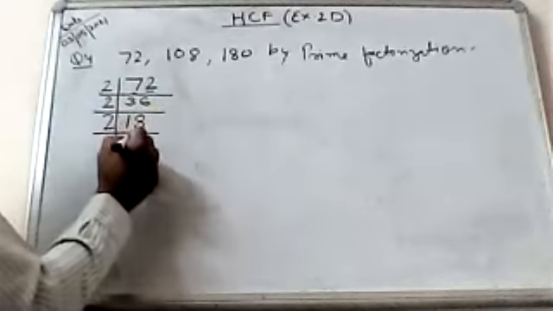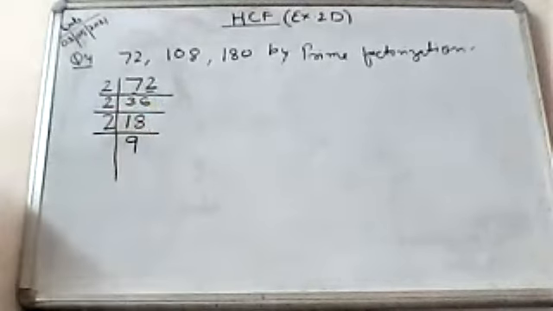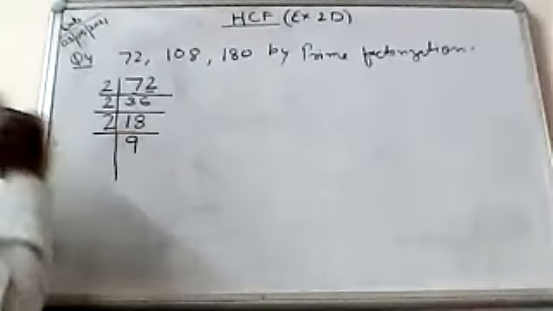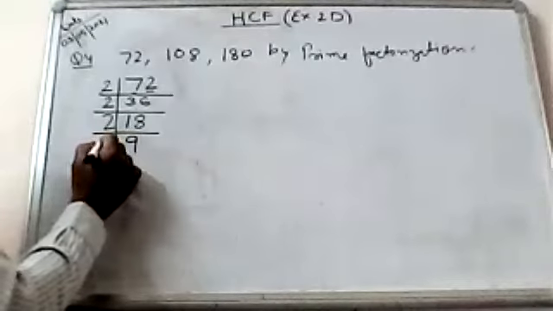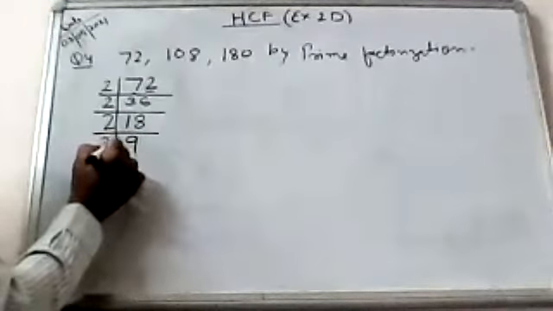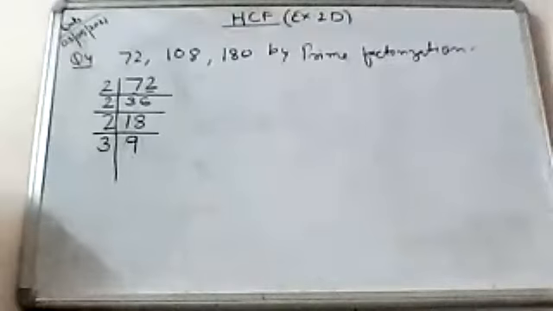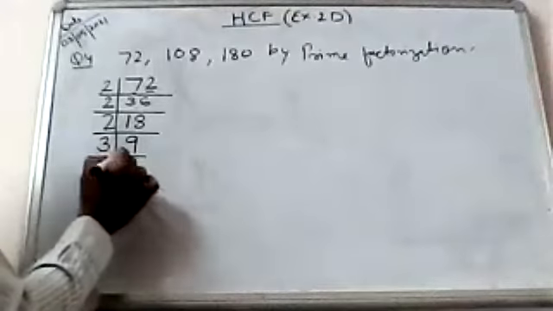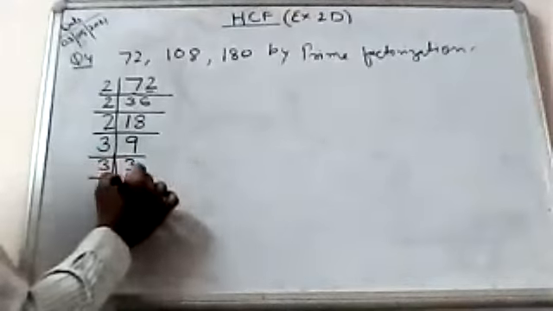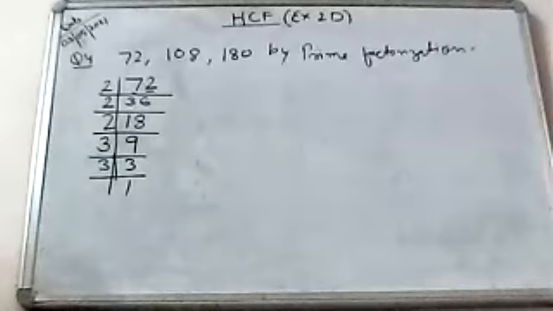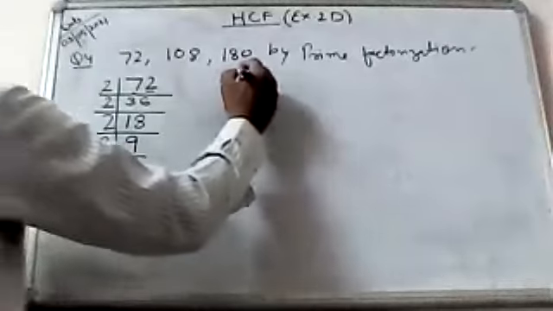Then again 2 9 ja 18. Now we are not able to divide by 2, so we will take 3 as the next prime number. So 3 3 ja 9, then 3 1 ja 3, like that. So these are the prime factors of 72.